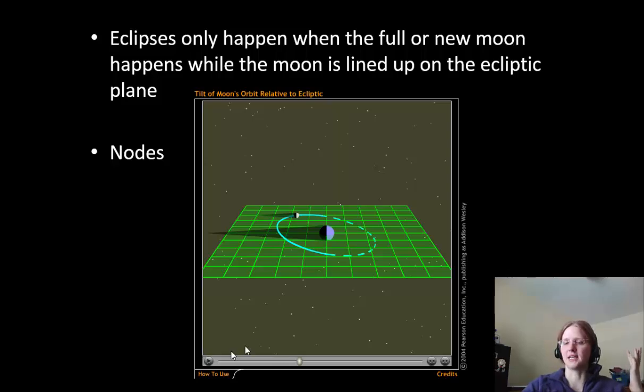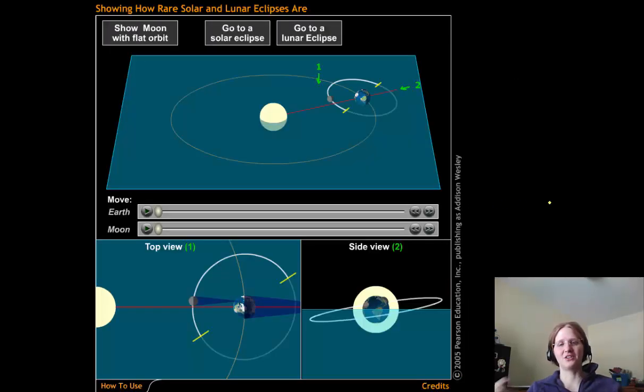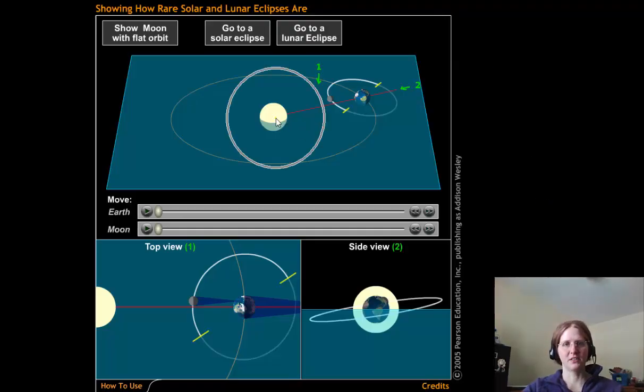How do we get eclipses then? Let's make it a little bit more complicated and look at this animation. This is much more realistic. Okay. Let's focus just on the top one here. We have the sun, we have the earth, we have the moon.